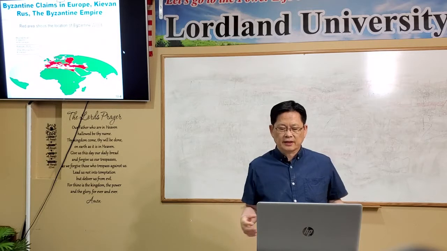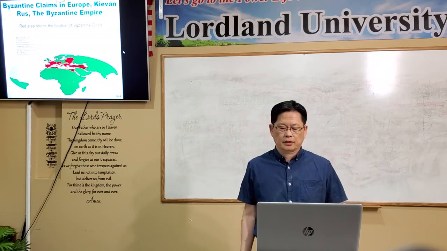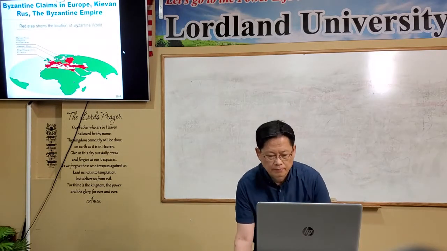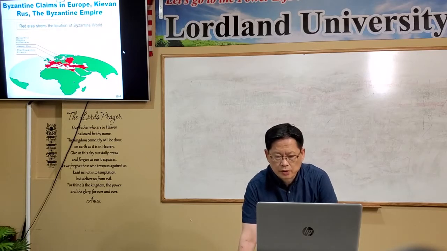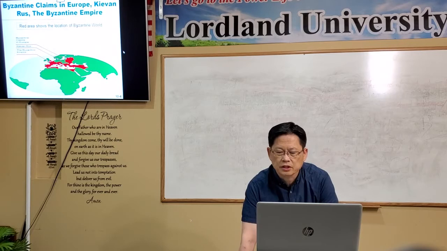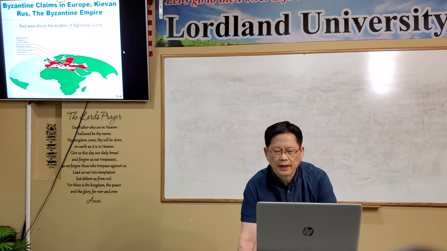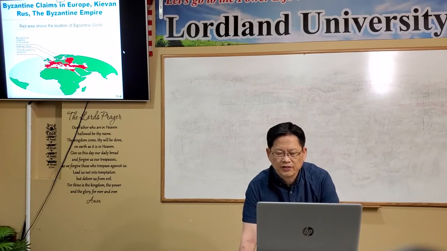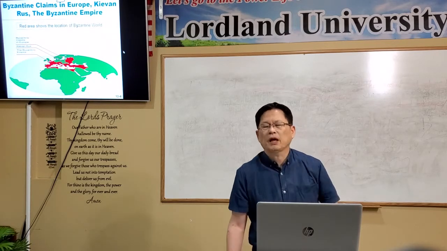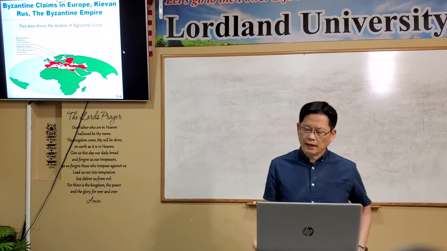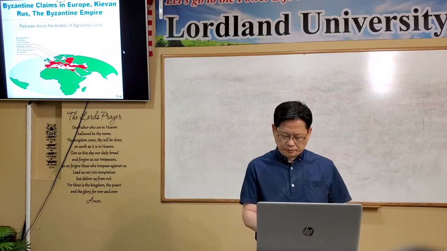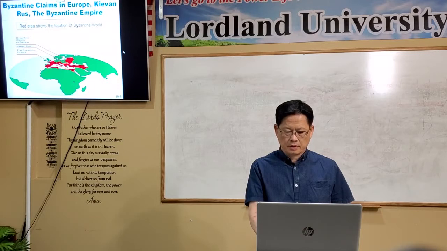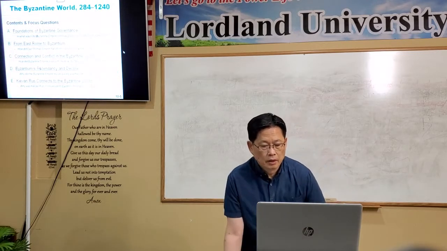The red area includes Europe, Kievan Rus, the Byzantine Empire, Byzantine claims in Europe, and claims in Kievan Rus. The claims in Europe are a very huge territory.